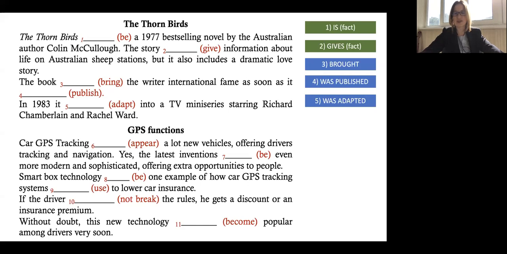It is called subordinate adverbial clauses. It means that we have either time or condition in this sentence. Okay, then in gap number 5, the book was adapted. What meaning is used? What do you think?